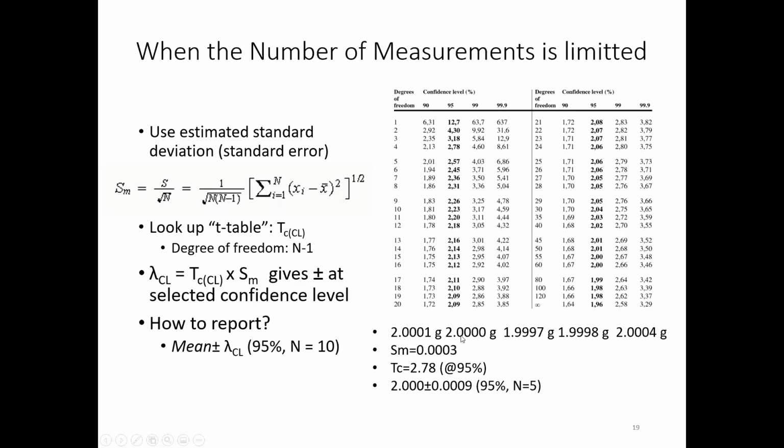Calculating the SM will give you this value, and then look for 95% with degrees of freedom equal to 4, and you get 2.78. You calculate it and round it up to either 8 or 9 and report that, with the confidence level at 95% and n equal to 5.